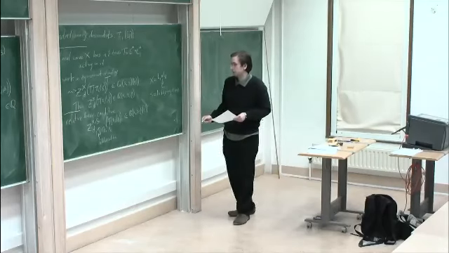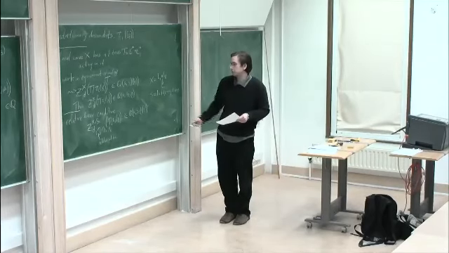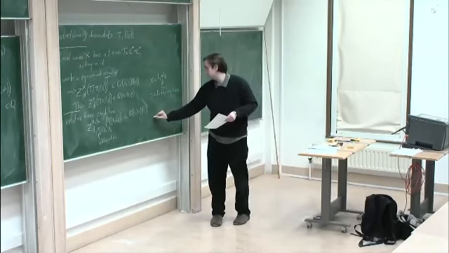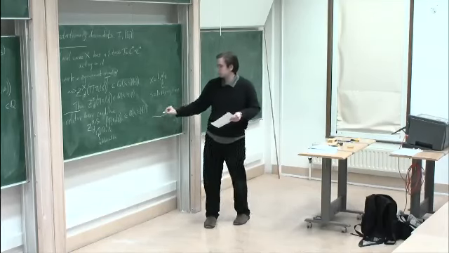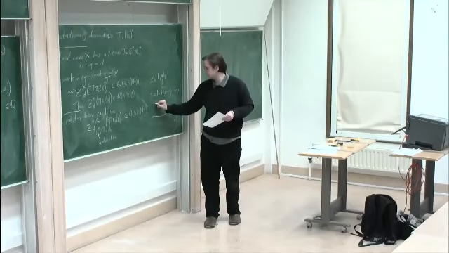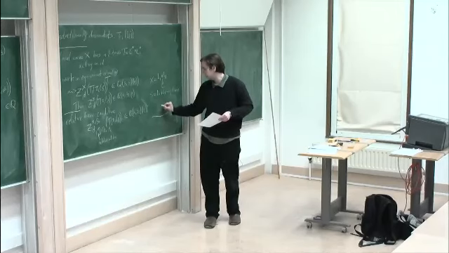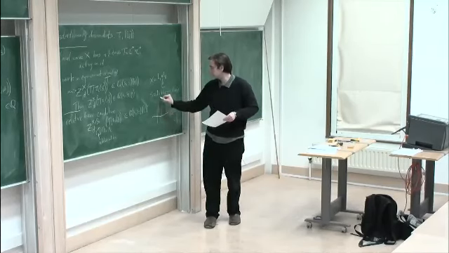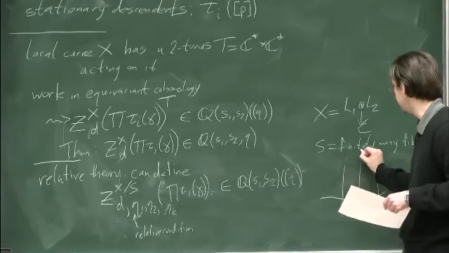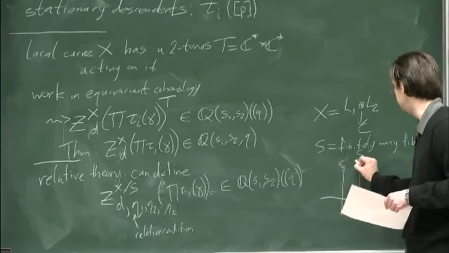So yes, the way to think about all of this is we have some curve C and this rank 2 bundle on it, and certain specific fibers here, S is equal to S1, S2.